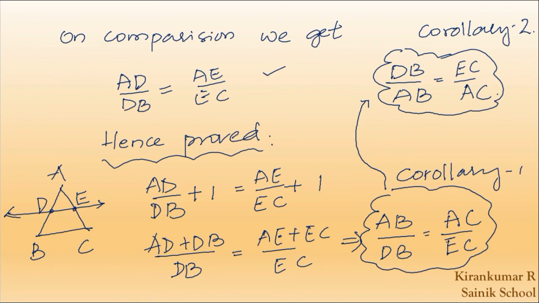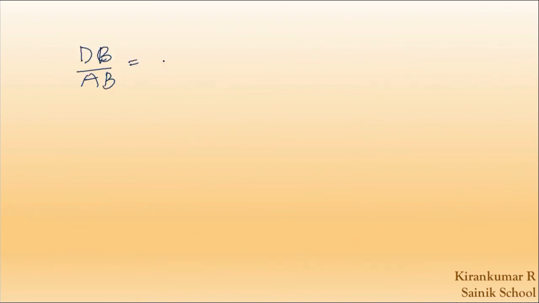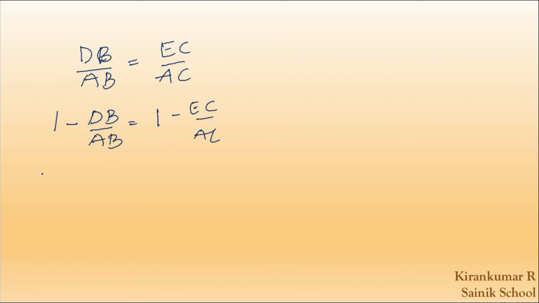In corollary 2, we got the result DB upon AB equal to EC upon AC. Suppose I subtract from 1 both the sides, what are we going to get?